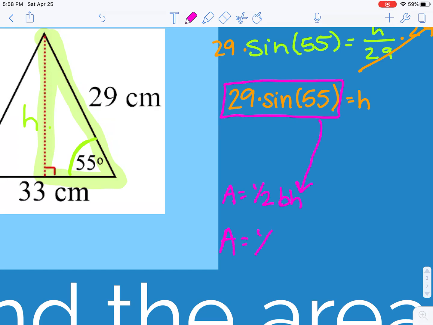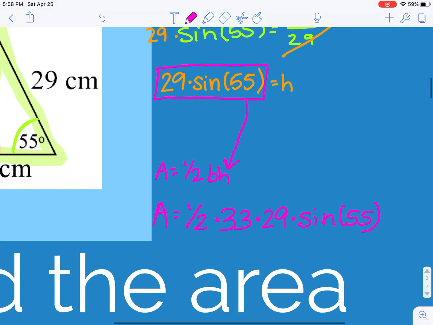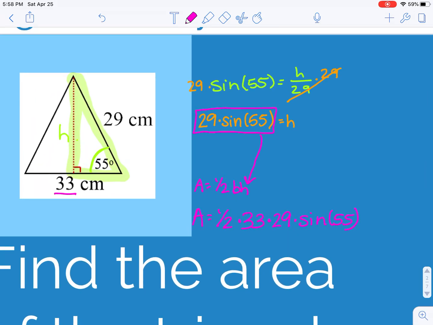So my area now is 1/2 times my base, which is 33, times my height, and we said my height was 29 times the sine of 55. And I'm going to type that entire thing in. So I get 1/2 times 33 times 29 times the sine of 55.